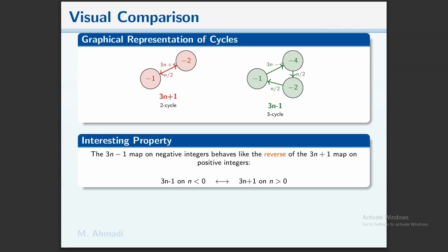The 3n minus 1 map on negative integers behaves like a reverse of the 3n plus 1 map on positive integers. The behavior of 3n minus 1 on negative integers is like 3n plus 1 on positive integers. Here we can also see 3n minus 1 on n larger than 0 has symmetry with 3n plus 1 on positive integers.